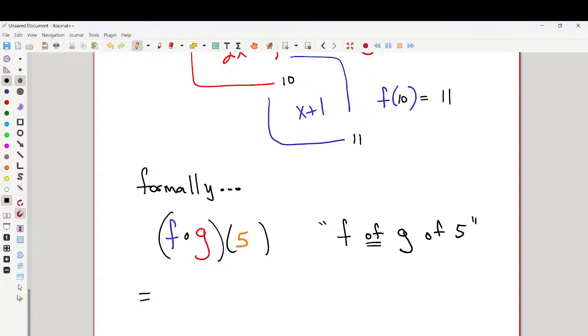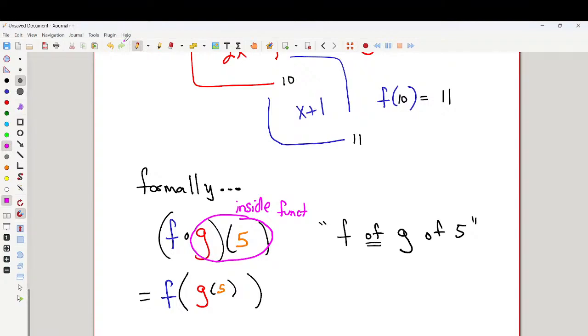Now, obviously, you're not going to draw pictures every time you need to evaluate a composition. Here's what it does look like. You keep your outside function, and then you just put this on the inside. So this is what I call, and what you will call in calculus, the inside function. And that's what you do first.